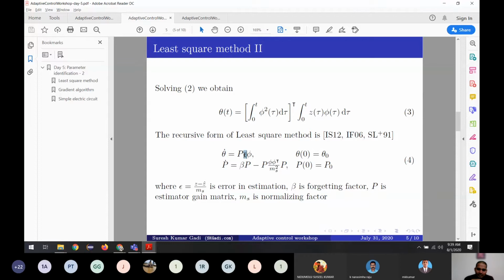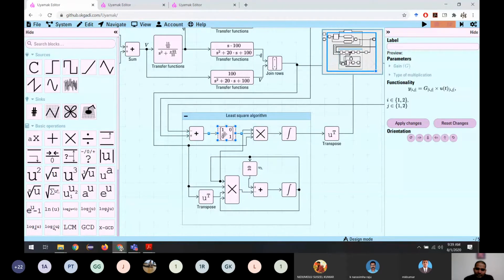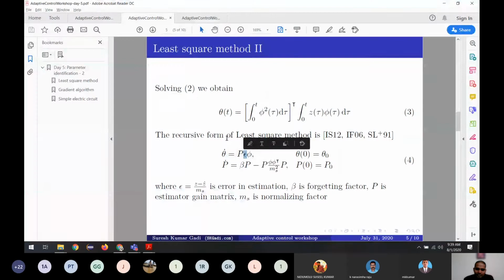So what you do is multiply this with the identity matrix I, so that the value and the effect are the same, but the matrix multiplication is compatible. So we put a gain of identity matrix 1 0 0 1. It simply makes sure that the matrix multiplication is compatible, because epsilon is a scalar value.